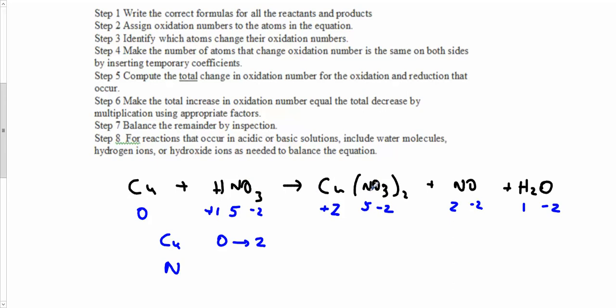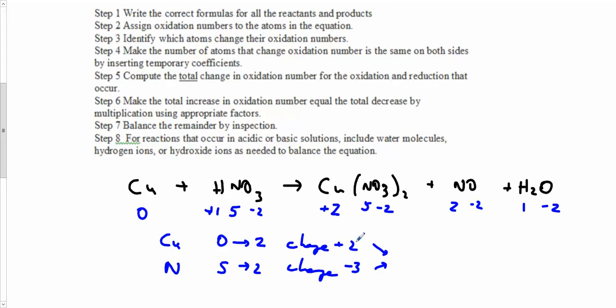Some of the N is staying the same, but N is going from 5 down to 2. So this is a change of +2. This is a change of -3. So far I'm actually happy because one is up and one is down. If I had them both in the same direction, I would have assigned oxidation numbers incorrectly.